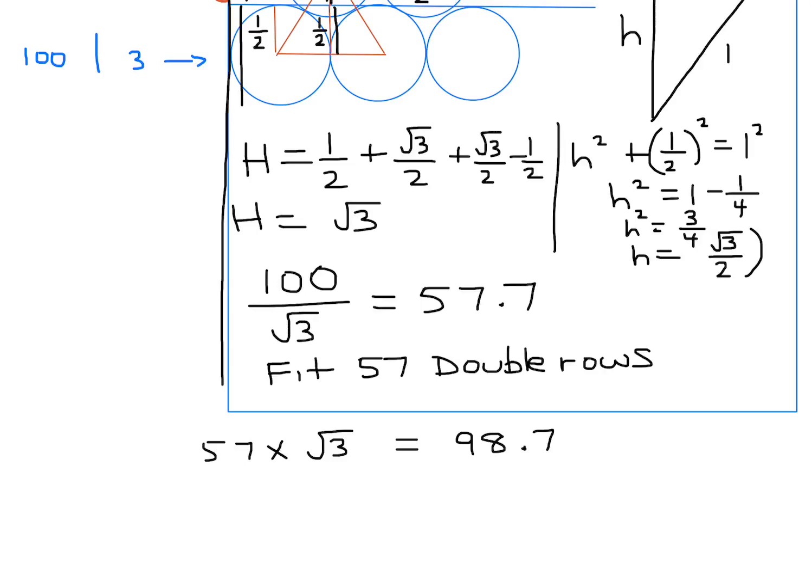See, this is a single row. The single row has a height of 1 because it's a circle with a diameter of 1. So we can put one single row, and that has a length of 1. So you would have 98.7 plus 1, which is 99.7. And that would fit into that square that has a total height of 100.